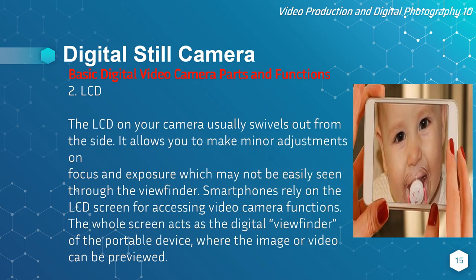Okay, the second one naman is the LCD. So the LCD on your camera usually swivels out from the side. It allows you to make minor adjustments on focus and exposure which may not be easily seen through the viewfinder. So smartphones rely on the LCD screen for accessing video camera functions. The whole screen acts as the digital viewfinder of the portable device where the image or video can be previewed. Okay, so pagka smartphones ang gamit mo, yung LCD mo ay nagsisilbi na ring viewfinder.